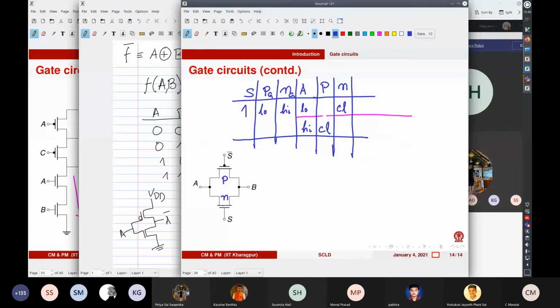You do not have a significant potential difference, so the channel formation is weak. But in this other case, the channel formation is strong.